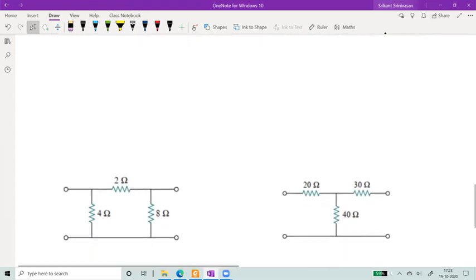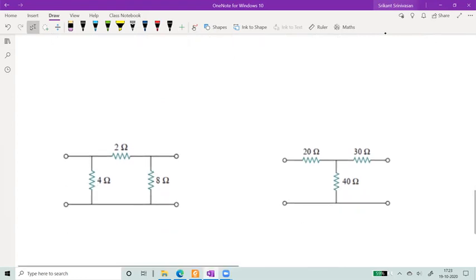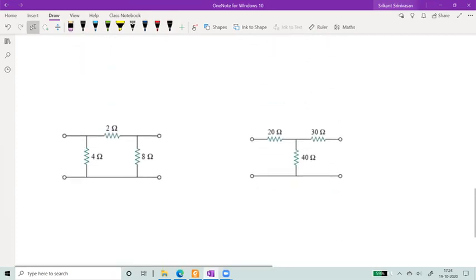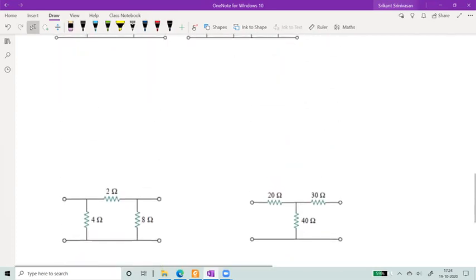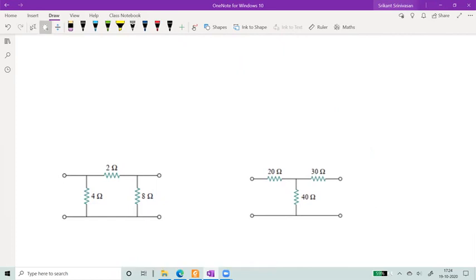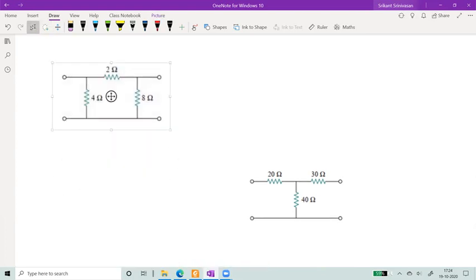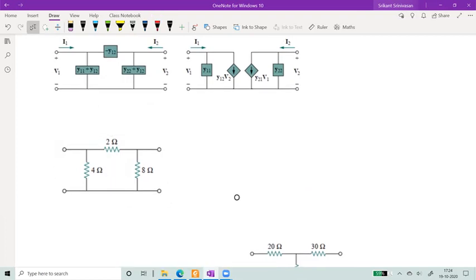So let's try to solve a couple of quick questions and get familiarized with the two-port network. So maybe what I can do is move this up so we have more space to work. Let's start with this. And the question here is, can you find the Y parameters?